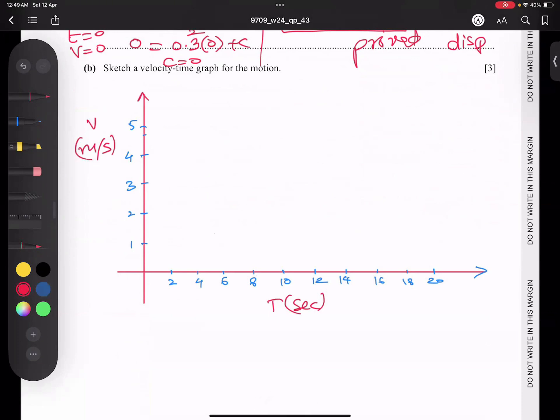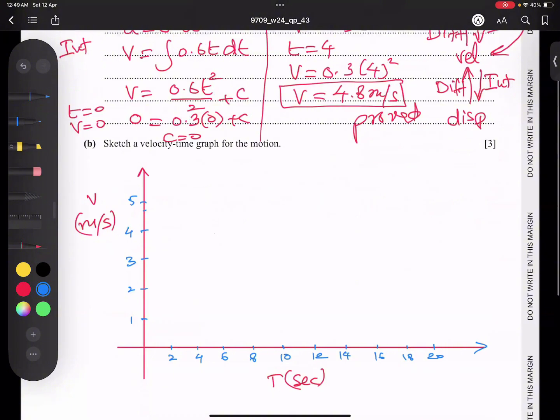Okay, so now students, let's start. As I said before, when time is 4, velocity is 4.8, so 4.8 is here and 4 is here. Look at 4 and 4.8. So I have this kind of graph, and this is wrong. Why wrong?